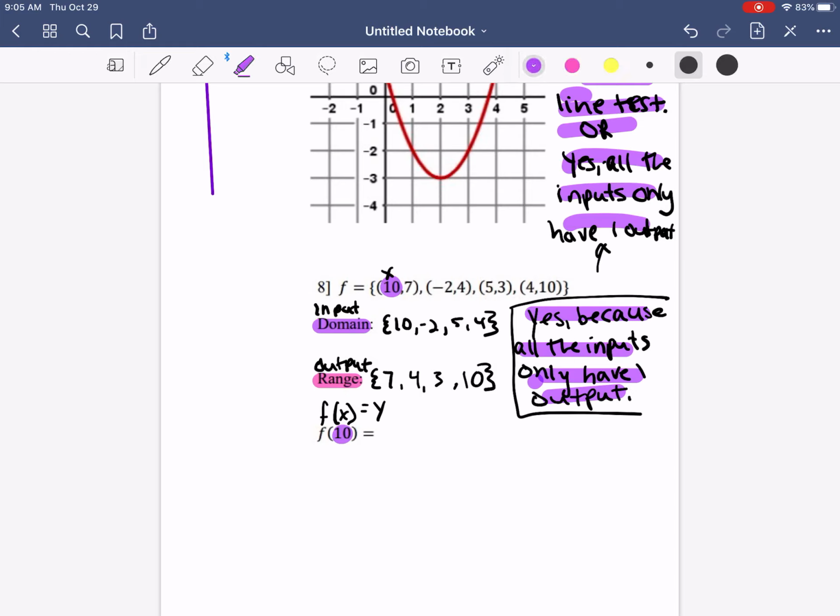So that's the format. So whatever x equals, that's what y equals. So when x equals 10 in this function here, then y equals 7. So f of 10 equals 7. So it's that easy.